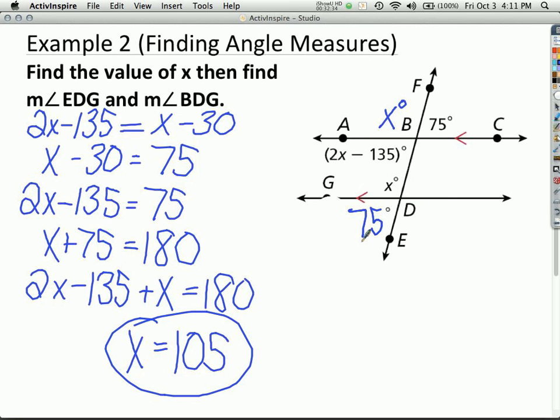Did anyone discover anything about these pictures? How many different angle measurements are there altogether?